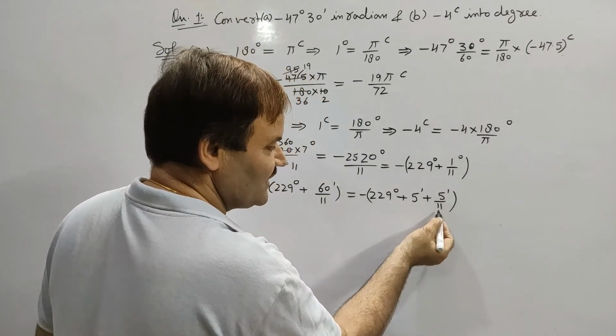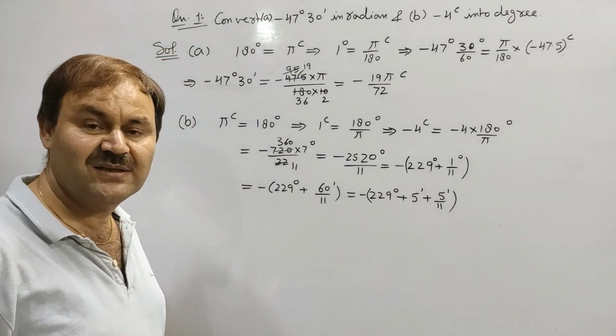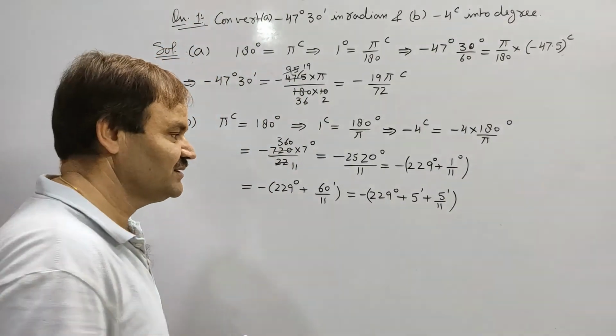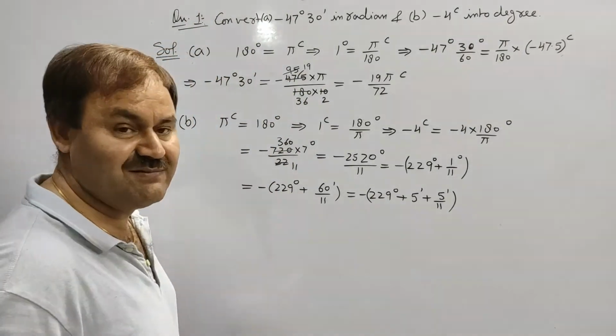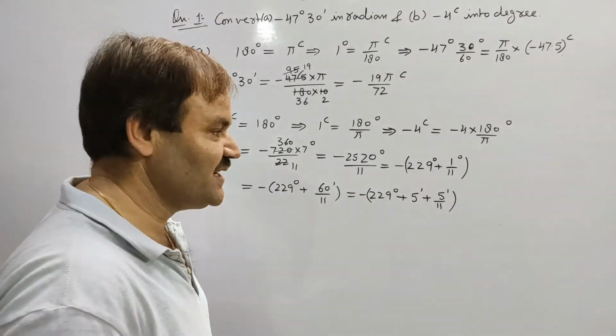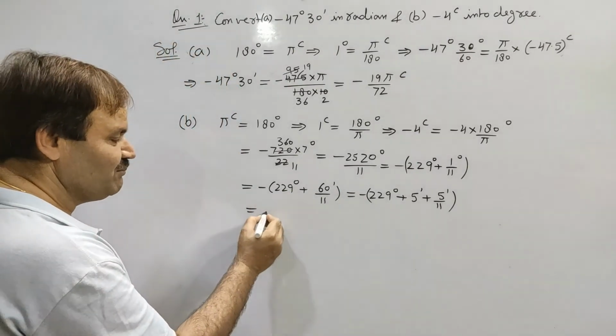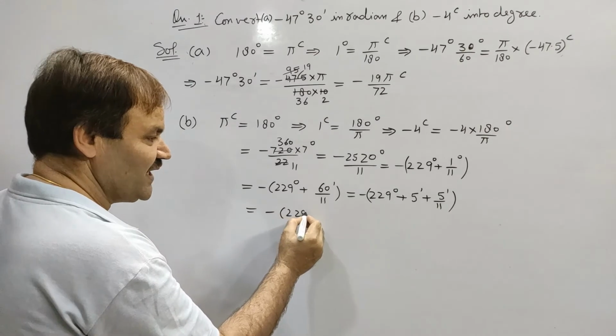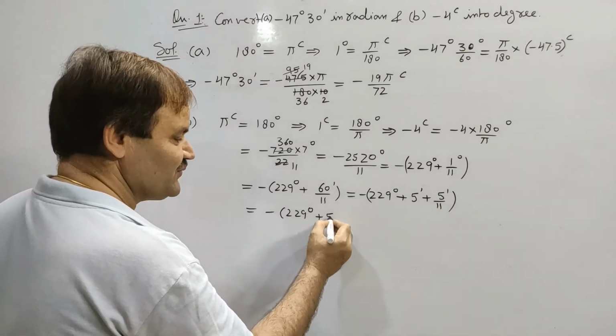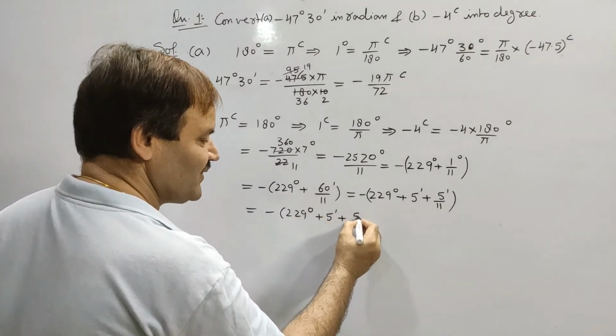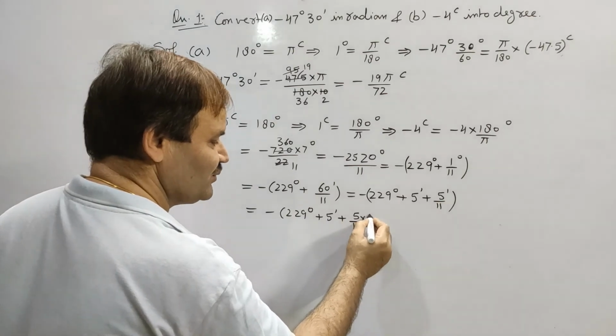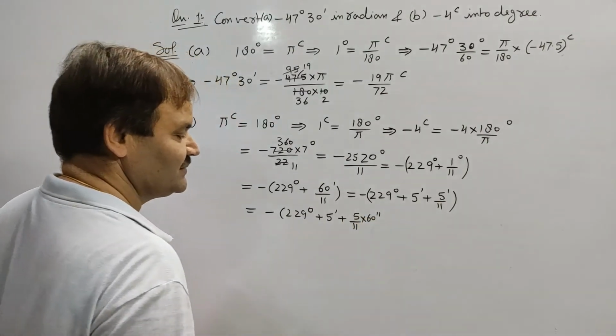Now we can convert this 5 by 11 minute into second, and we know that 1 minute is 60 seconds, so it will become minus 229 degree plus 5 minute plus 5 by 11 into 60 seconds.